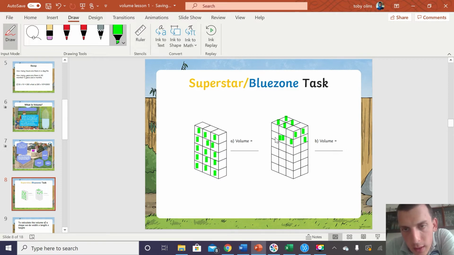Then the same here, 1, 2. Then we go 1, 2, and then again 3, 4, 5, 6. And again 1, 2, 3, 4, 5, 6.